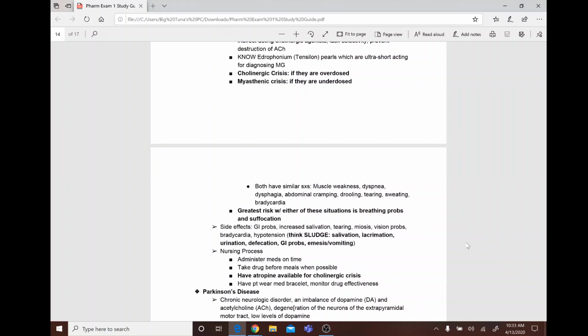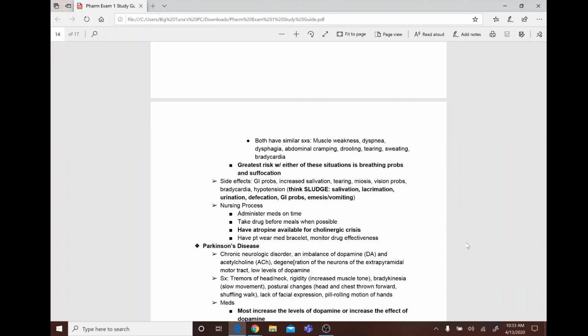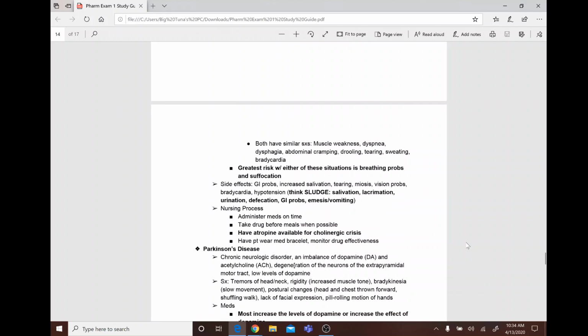What are the side effects of cholinergic and myasthenic crisis? Muscle weakness, dyspnea, dysphagia, abdominal cramping, drooling, tearing, sweating, and bradycardia.